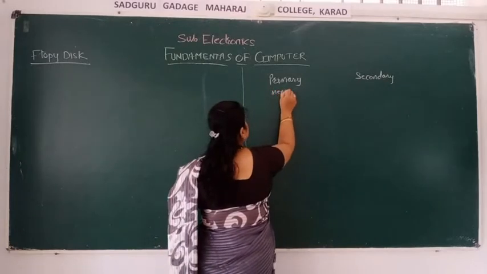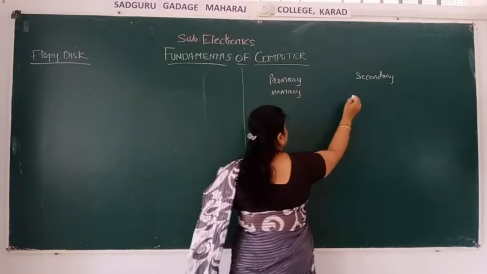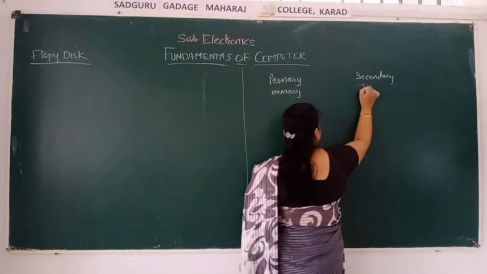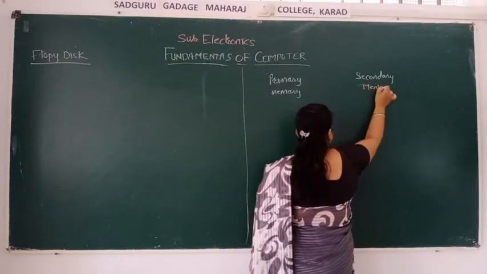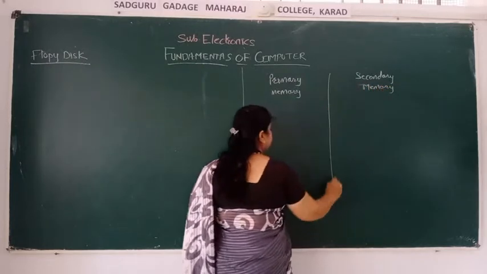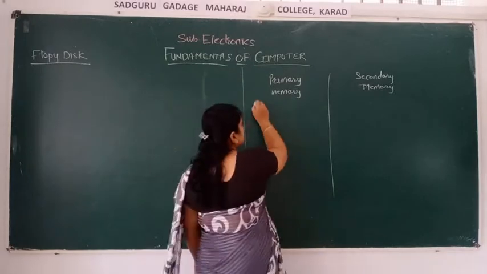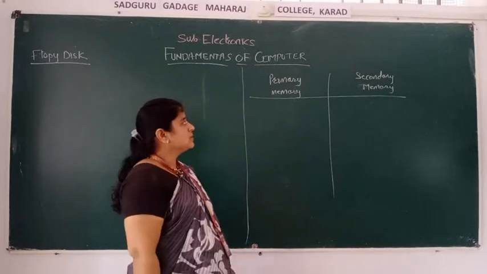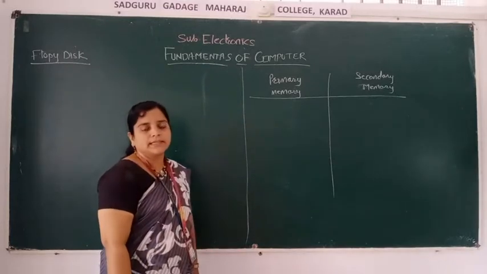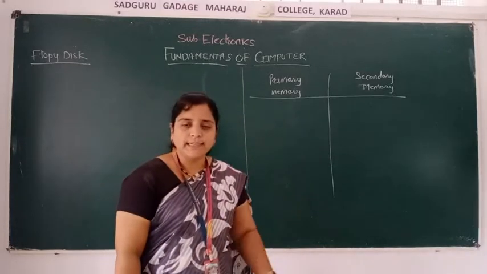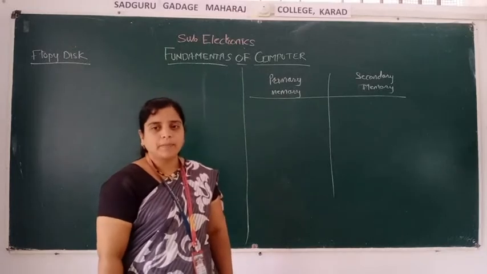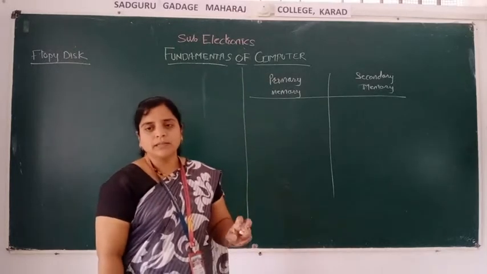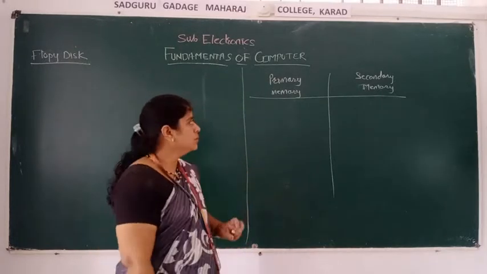We saw this in the last lecture, but we have not noted it down. Primary memory is in the computer itself. Primary memory is inbuilt memory which is in the CPU.